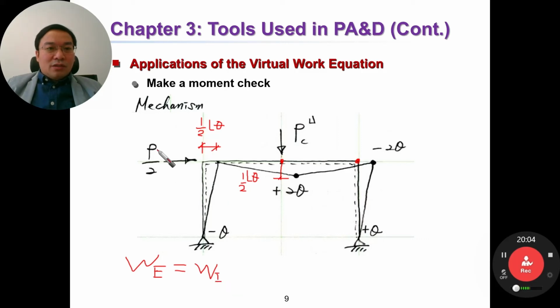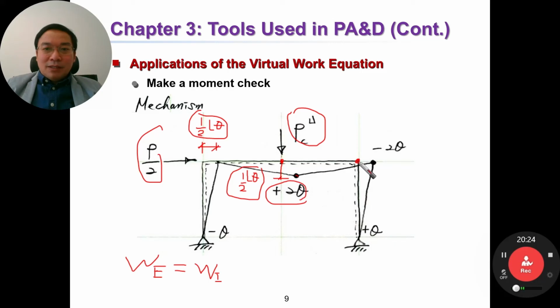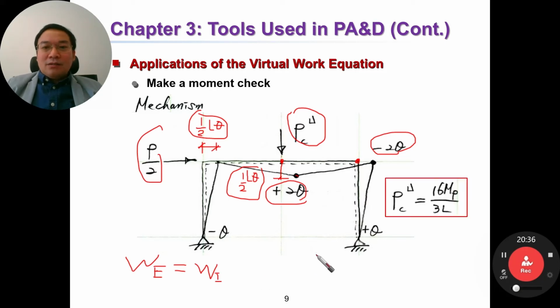External work equals this one multiplied by this one, plus this one multiplied by this one. For internal work, we have MP here multiplied by this one, and MP here multiplied by this one, 4 MP theta. That is internal work. Then finally we have PCU equal to this one.